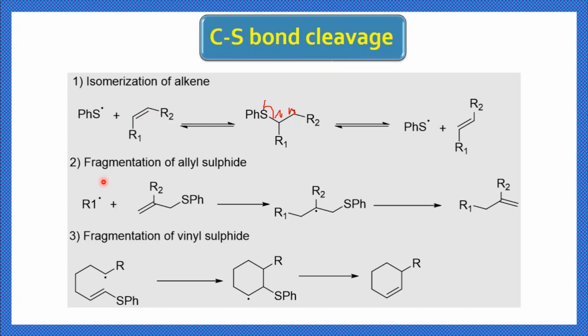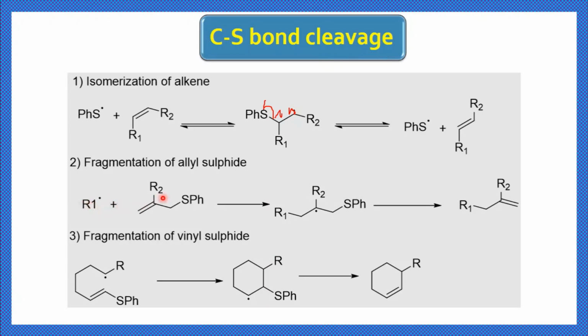Now the second one is fragmentation of allyl sulfide. Fragmentation means that the breaking of one molecule into two molecules takes place. This R1 radical is generated from any alkyl halide, so you have to imagine that it is generated from your alkyl halide.